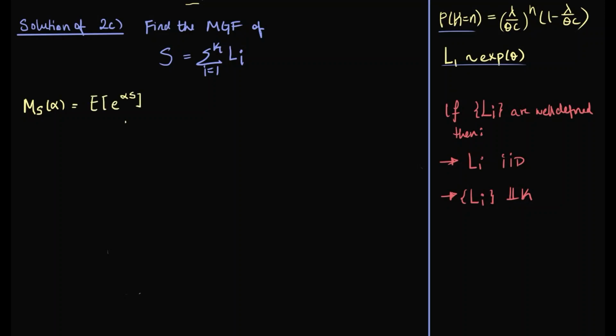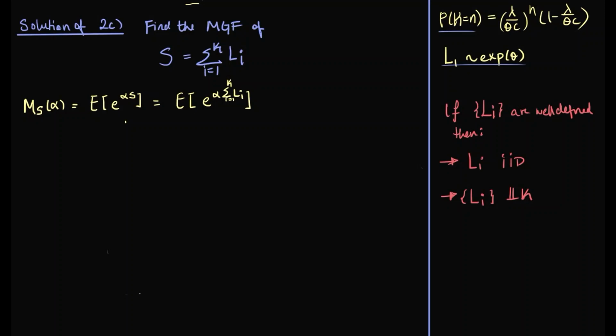The definition of this is the mean value of e to the alpha S. If you try to plug in the expression for S, you can see that we get quite uncomfortable quite early, because you have both a K up here and loads of Li's, and you want to tackle them one at a time.